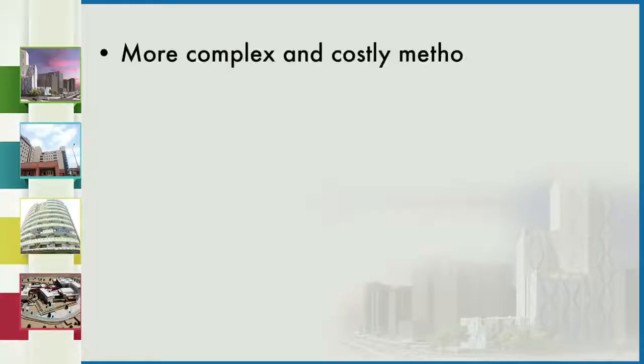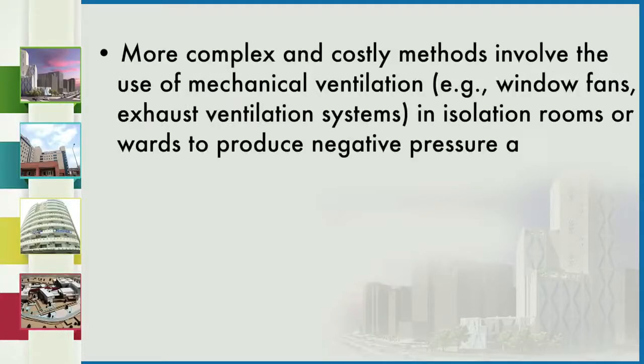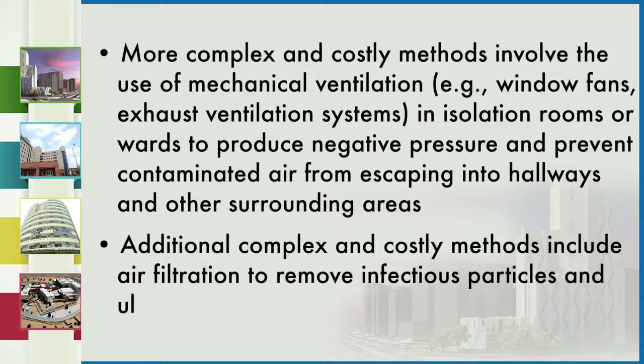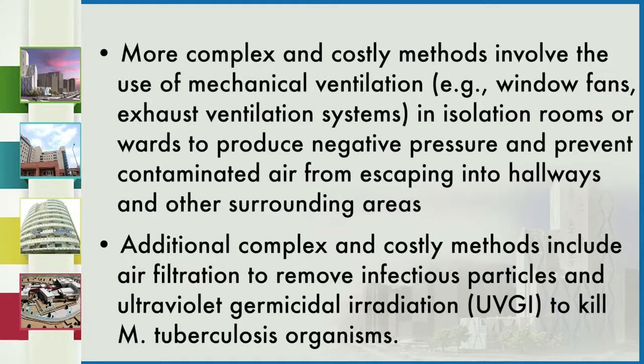There are more complex and costly methods also, like mechanical ventilation with window fans and exhaust ventilation. Isolation rooms are given negative pressure, so contaminated air is prevented from escaping into the hallways and other surrounding areas. There are other ways like air filtration and UVGI, ultraviolet germicidal irradiation.